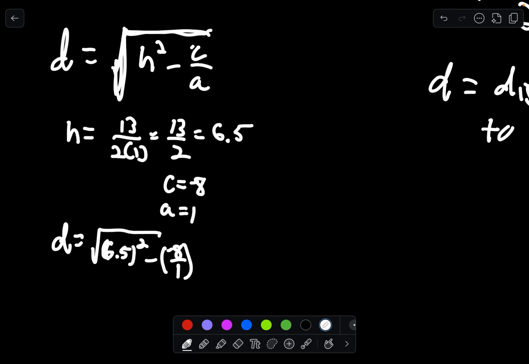It's minus a negative, so that's going to be 6.5 squared, which is some decimal. 6.5 squared, I mistyped it, is 42.25.